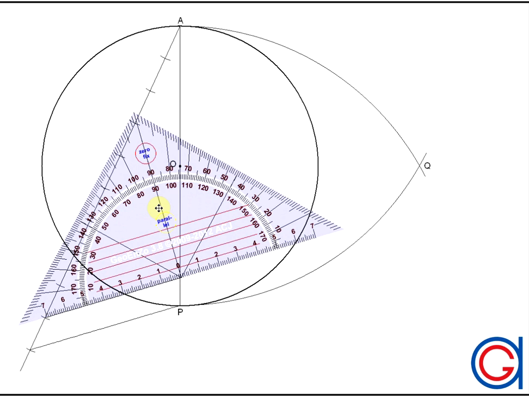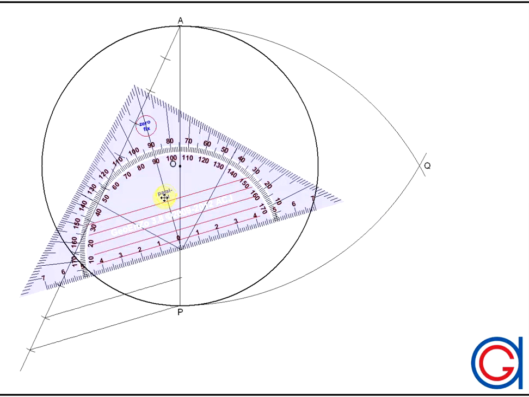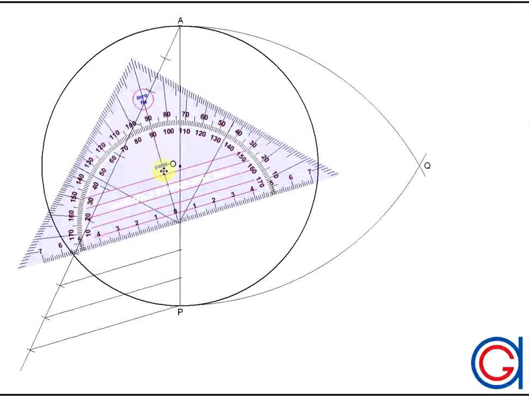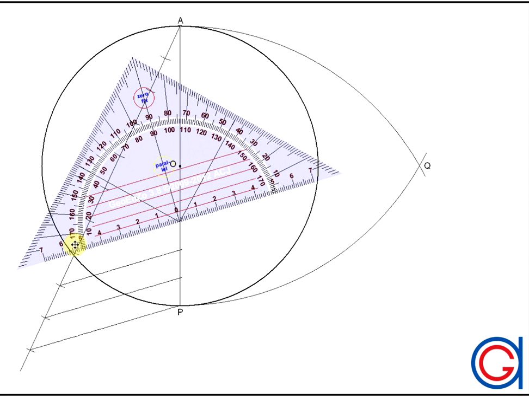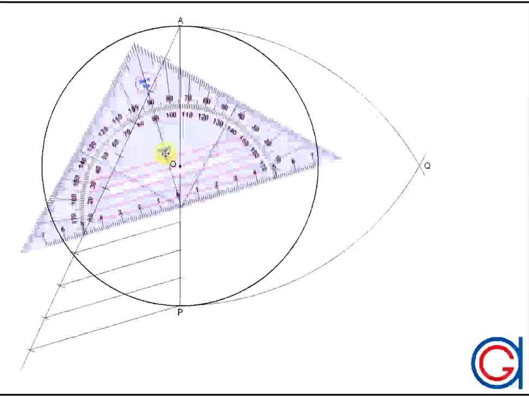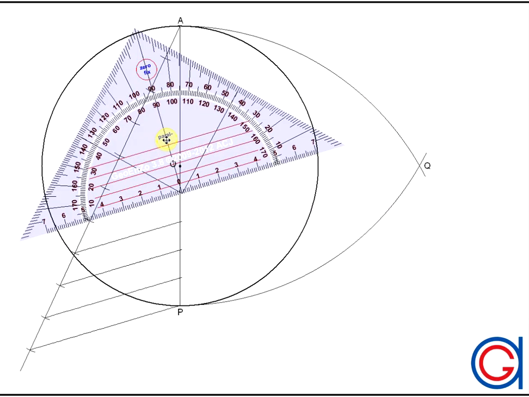We can use our 45 and our 90-degree set squares to help us with this task, as you won't have this software used to record these videos to help you draw perfect parallel lines. So here we continue drawing our parallel segments.